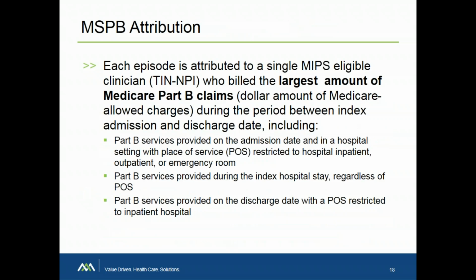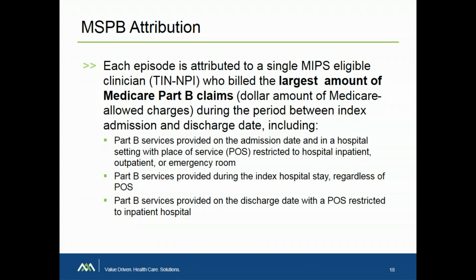So as far as attribution for this measure, this is a bit convoluted, but each episode is attributed to the MIPS eligible clinician who billed the largest amount of Medicare Part B claims during the index admission period. So again, the largest amount of Part B claims refers to the dollar amount of allowed Medicare charges there.